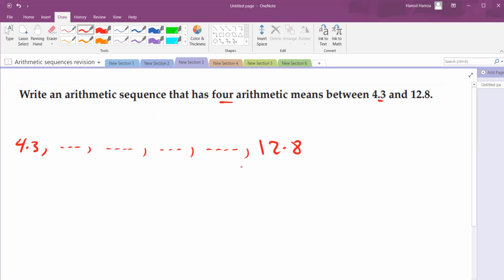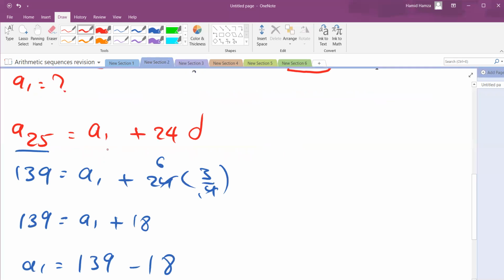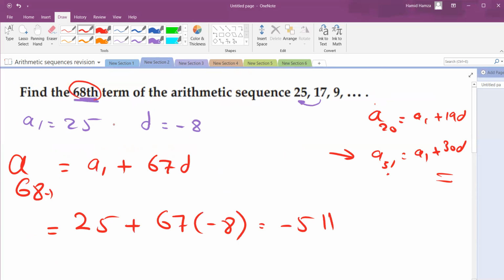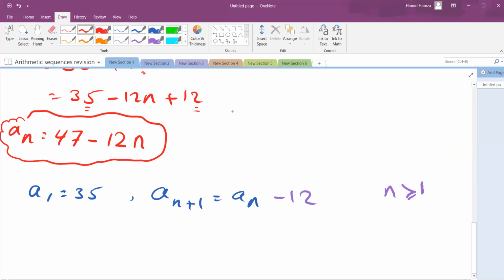So now I got an arithmetic sequence like this. We wanted to fill in these numbers. You will fill them if you know the common difference, how the sequence increases or decreases. You can fill the missing terms. How to find the D, guys? We can find D in two ways. The first way, if you know successive terms, two terms that come next to each other like this one.